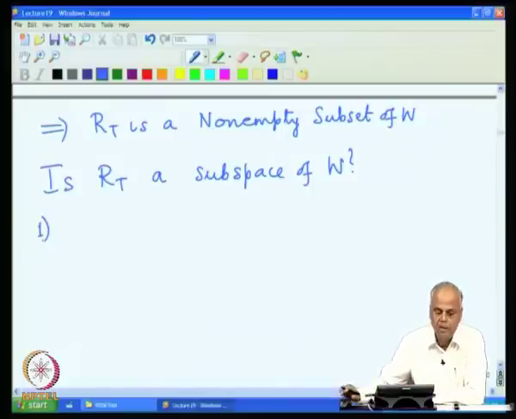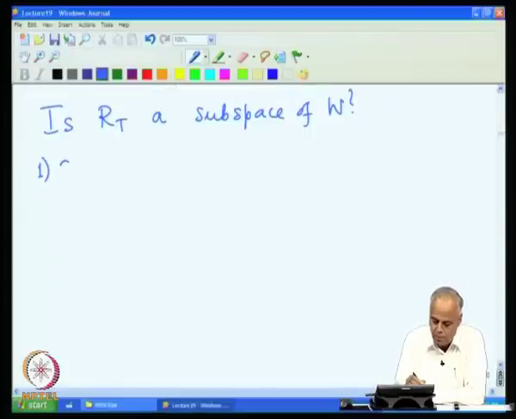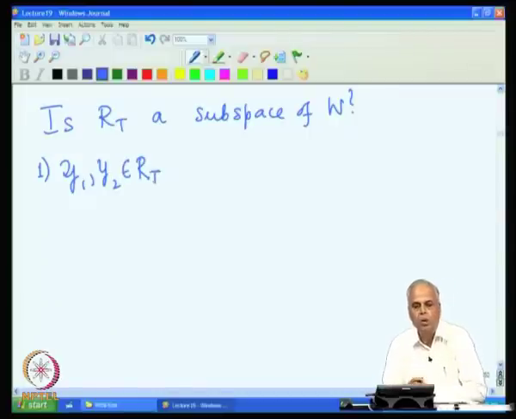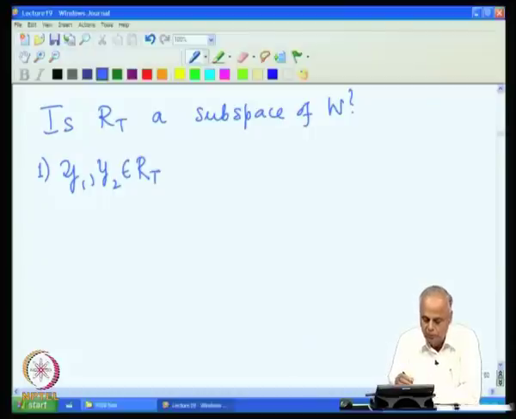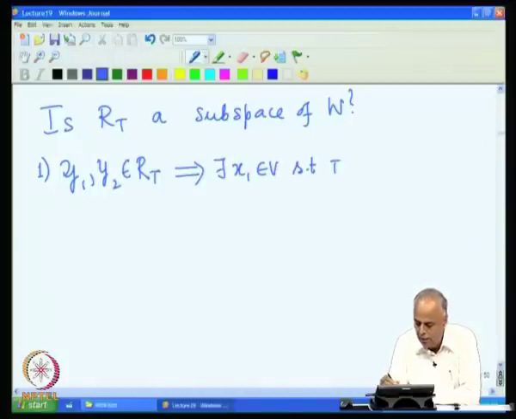So, let us check whether it is closed under addition. Suppose I take y 1 and y 2 in R T, we want to know whether y 1 plus y 2 is also in R T. Now, first of all, what does it mean to say that y 1 is in R T? y 1 is in R T means it is a focal point, which means there is a pre-image x 1 in V such that T of x 1 is y 1.